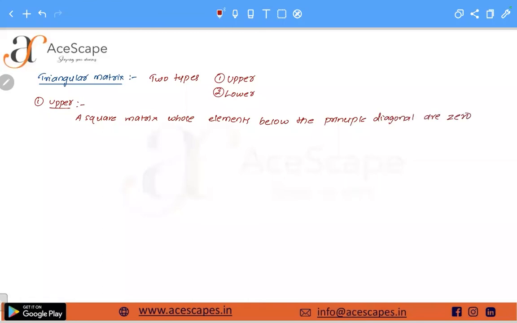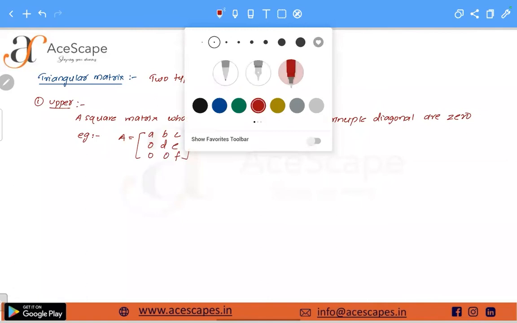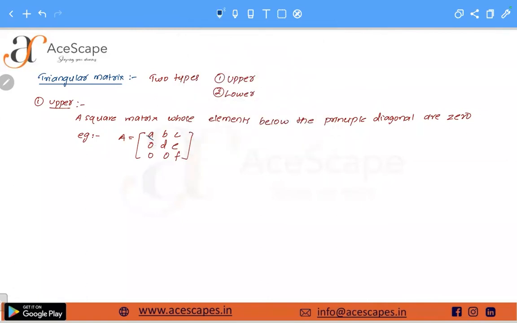If I give an example, suppose we have A equal to [a, b, c; 0, d, e; 0, 0, f]. We can see that this forms a triangle in the upper part of the matrix. So all the elements below the principal diagonal are 0. This is called an upper triangular matrix.